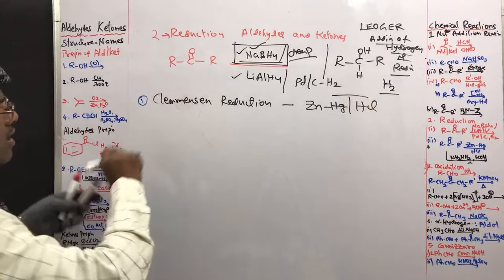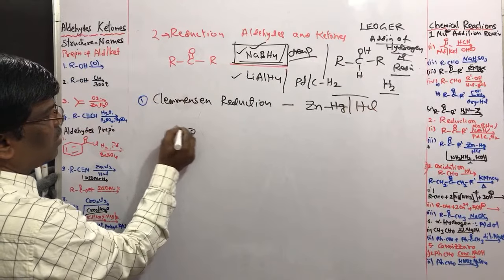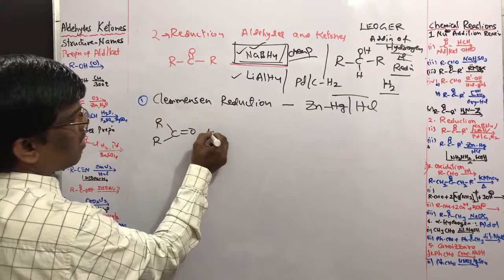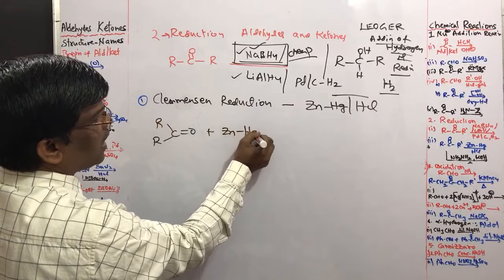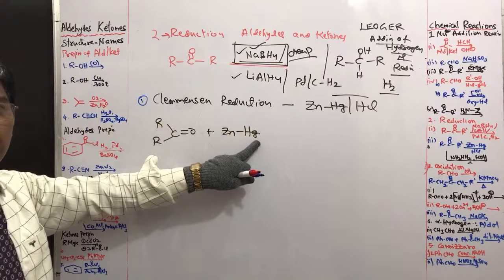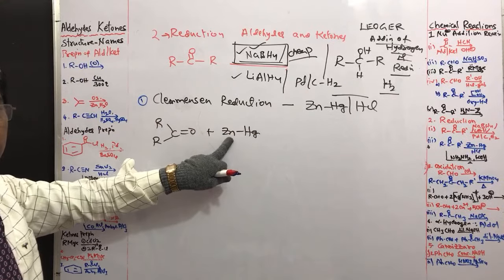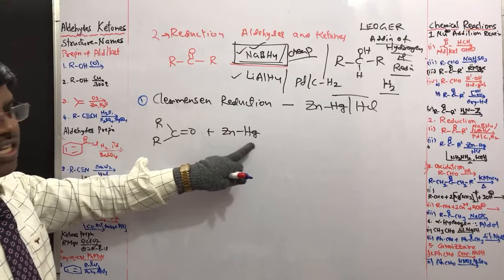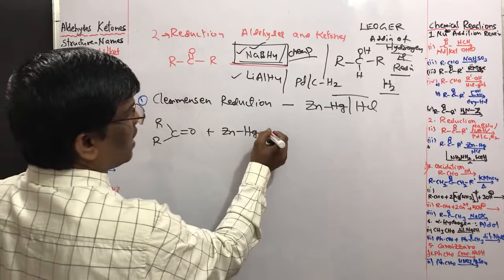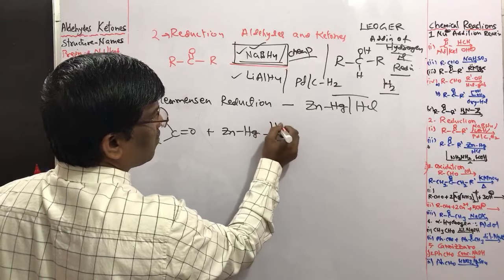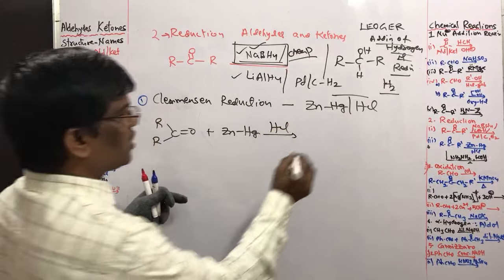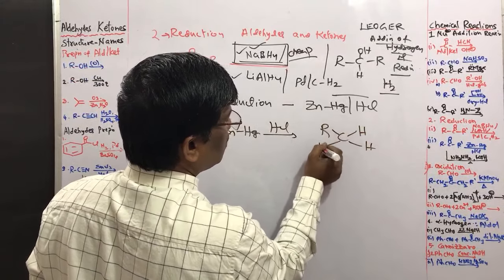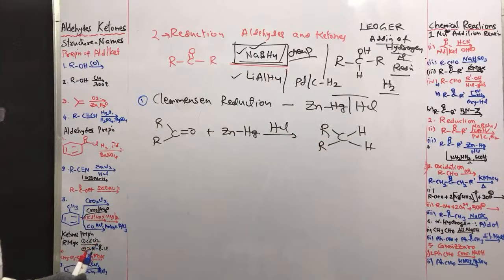Let us see an aldehyde or ketone in presence of zinc, amalgamated zinc. This amalgamation is done to activate zinc. A zinc-copper couple you will also get, right? Usually amalgamated zinc in presence of HCl, you are going to get the reduced compound where hydrogen is added.